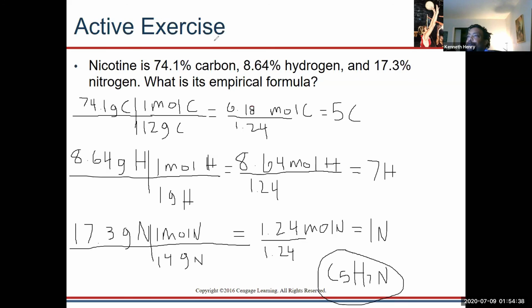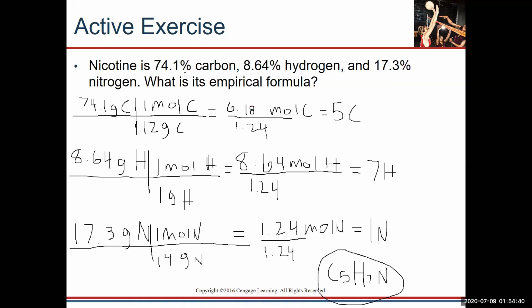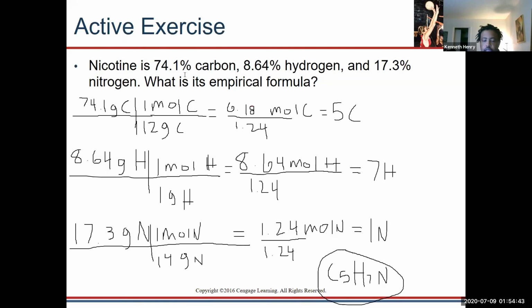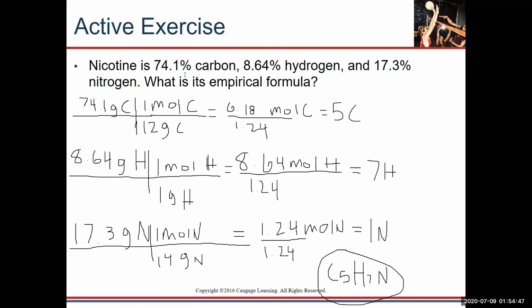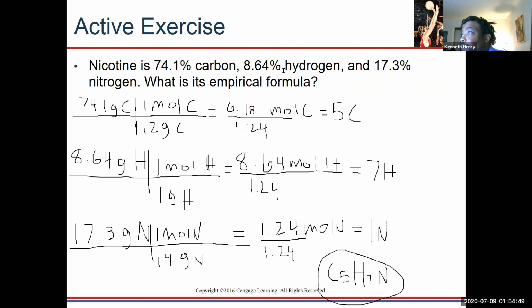So now that we know the empirical formula, let's say we're given the molar mass of nicotine.